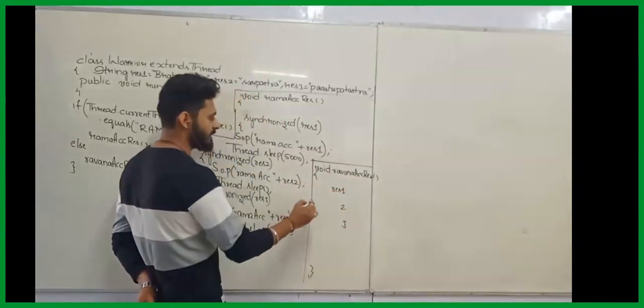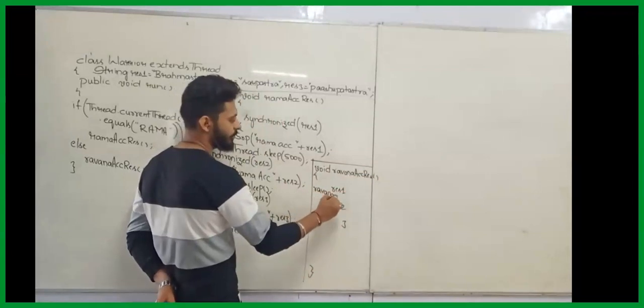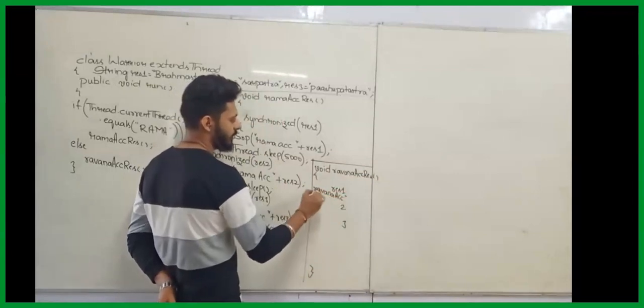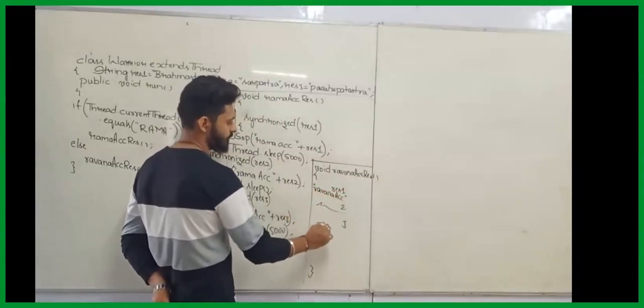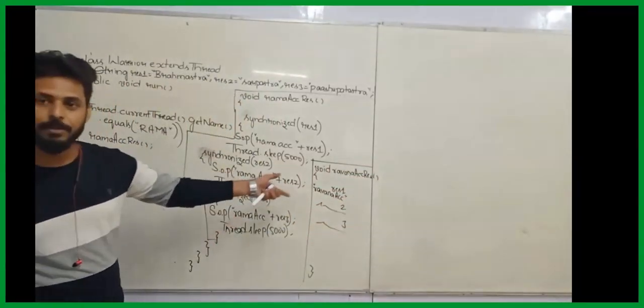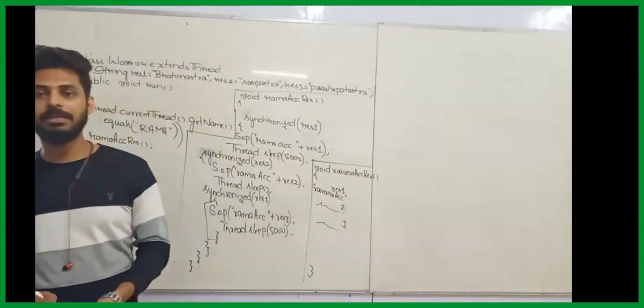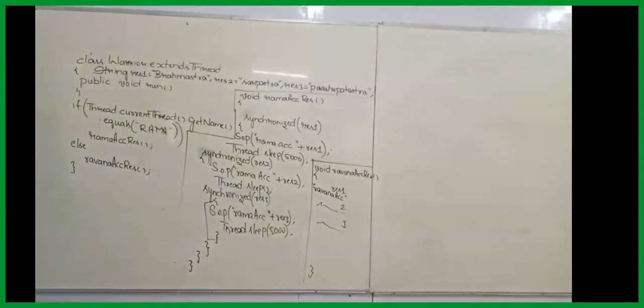But the only change is that I just have to print Ravana acquired resource. Whatever I have written, the same thing will be present here also. The only change is that I have to print Ravana in place of Rama, and the rest everything is same. Clear with that point? Next what?